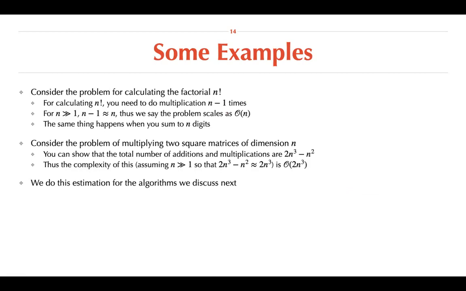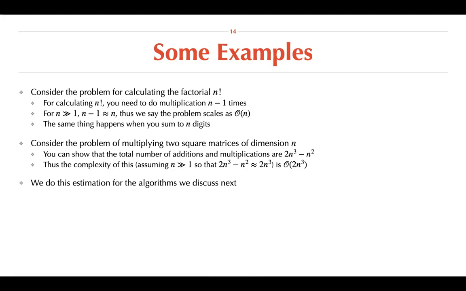So let me give you some examples of calculations of order of magnitude of the number of computations, or the flops. For example, when you calculate a factorial, you multiply. So let's say you have 3 factorial. What you will do is 1 cross 2 cross 3.